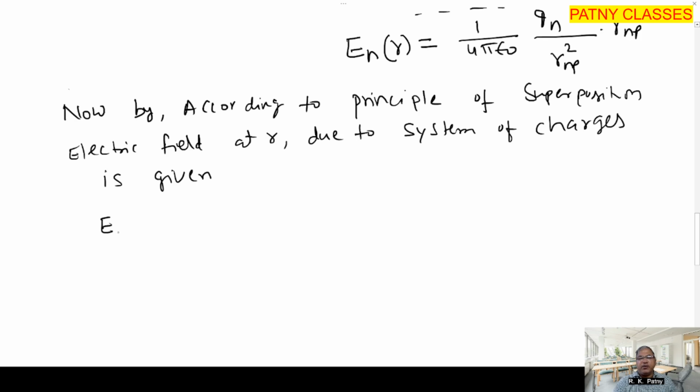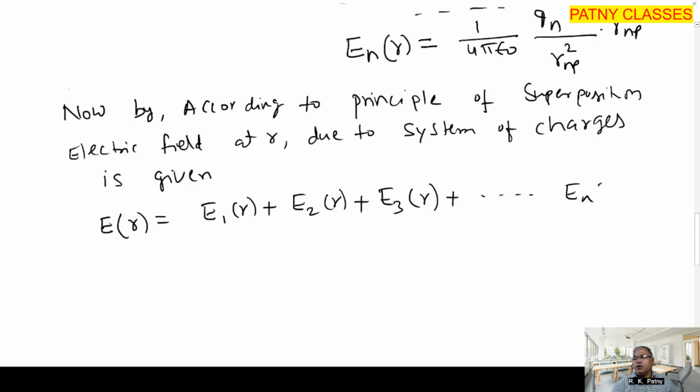Addition, that is a vector sum. E of r equals E1 of r plus E2 of r plus E3 of r, and so on, En of r.